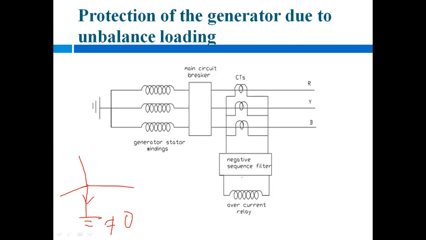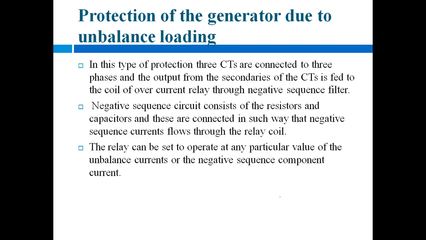Only for protection against this unbalanced loading do we use the negative sequence filter and overcurrent relay. Why a negative sequence filter? Because when such faults occur, negative sequence components get created there.